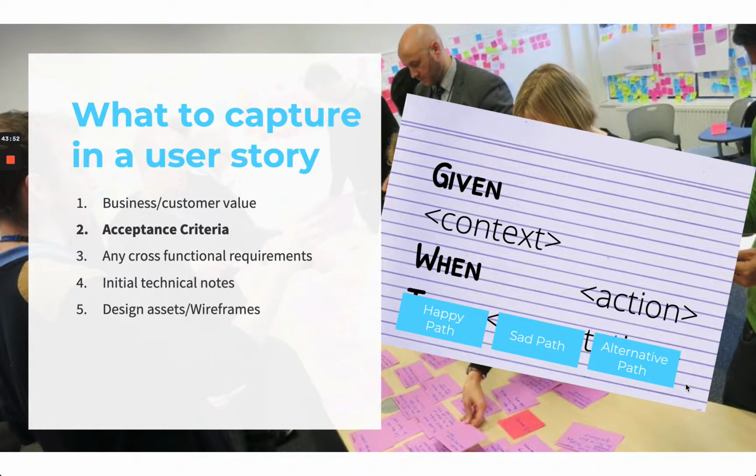In the eyes of the user, the action is not going to have the outcome that we're expecting. An alternative path is when something unexpected happens, and we also have to consider the path where, when they have a context and an action, something happens that no one expects.